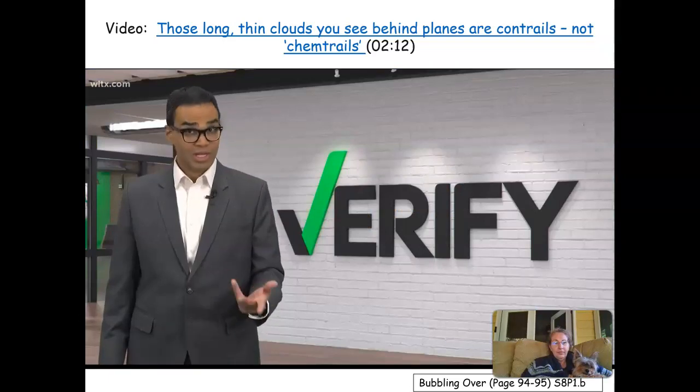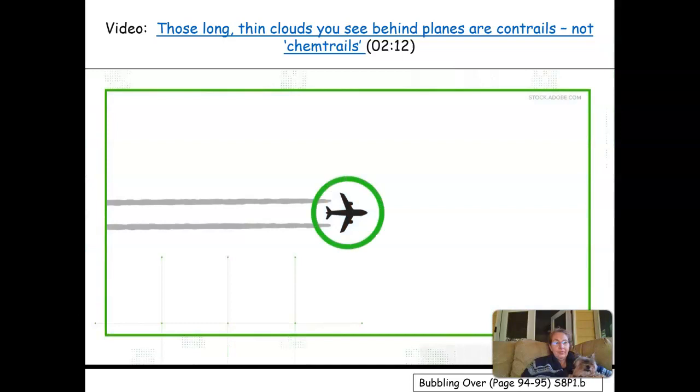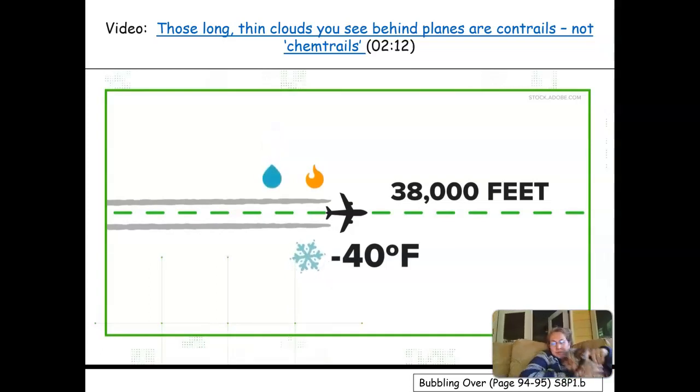In case you need more convincing, let's explain how jets fly. Jet engines run incredibly hot at more than 3,000 degrees, but the air temperature at 38,000 feet is incredibly cold, around minus 40 degrees. So when the engine's hot exhaust, which contains water vapor, hits the cold temperature, it turns into ice particles that create the white streak of a contrail.